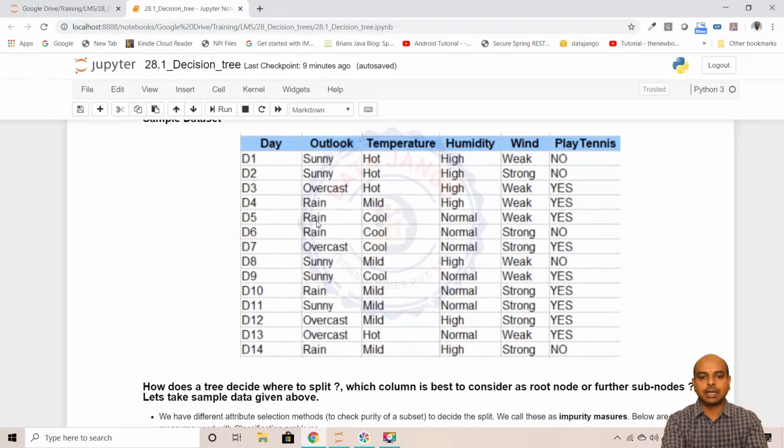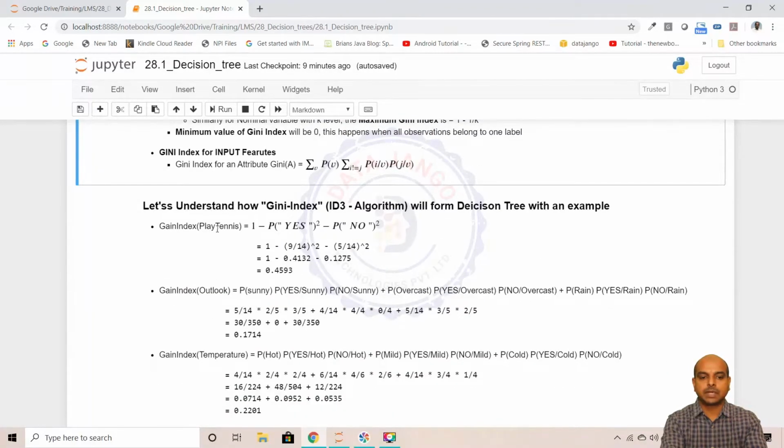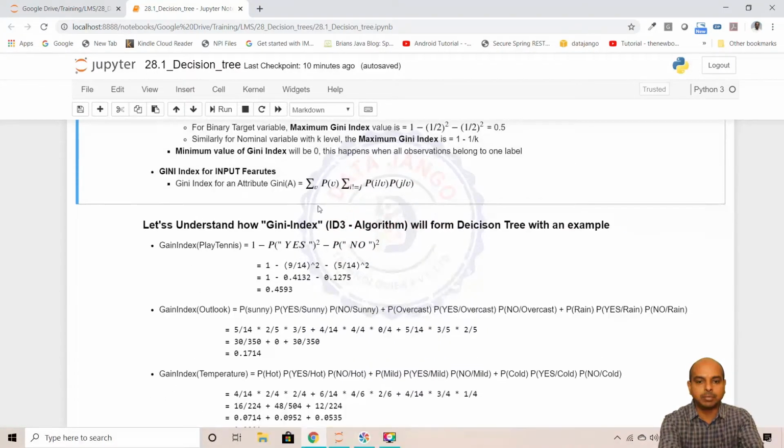To calculate the Gini index of outlook, you need to calculate probability of sunny into probability of yes given sunny and no given sunny, plus probability of overcast into probability of yes given overcast and no given overcast, plus probability of rain into probability of yes given rain and no given rain.